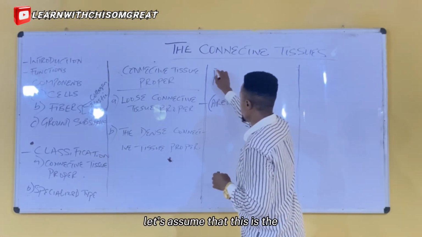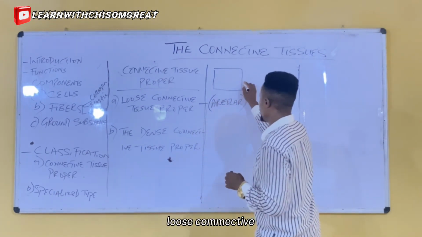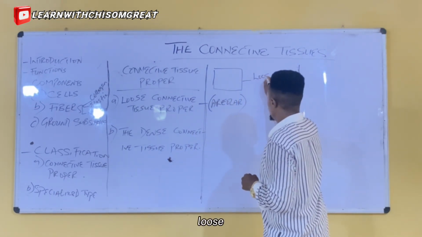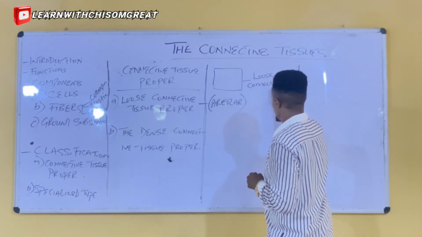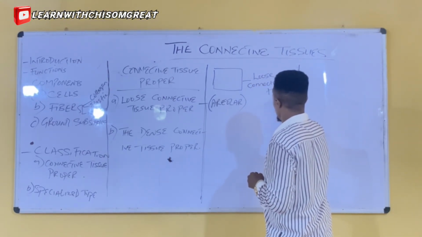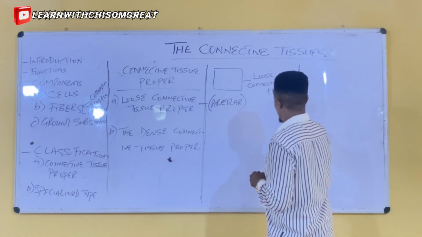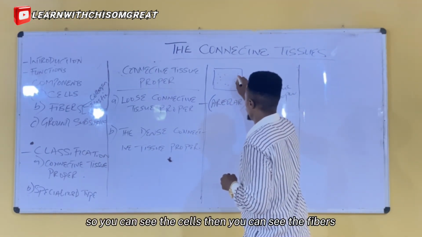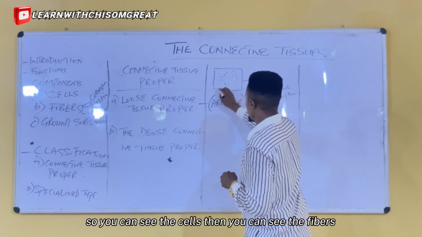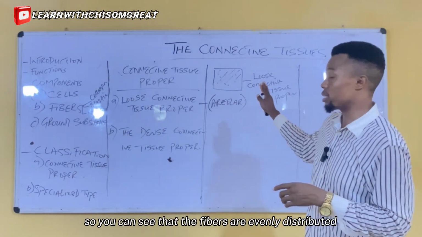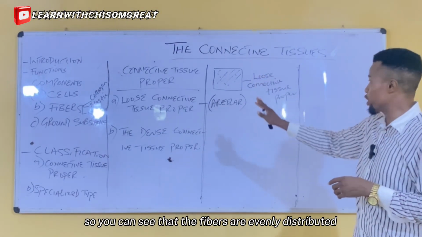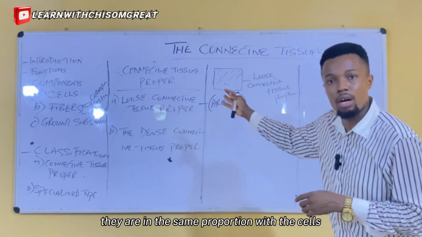Let's assume that this is the loose connective tissue proper. So you can see the cells, then you can see the fibers. So you can see that the fibers are evenly distributed and they are in some proportion with the cells.